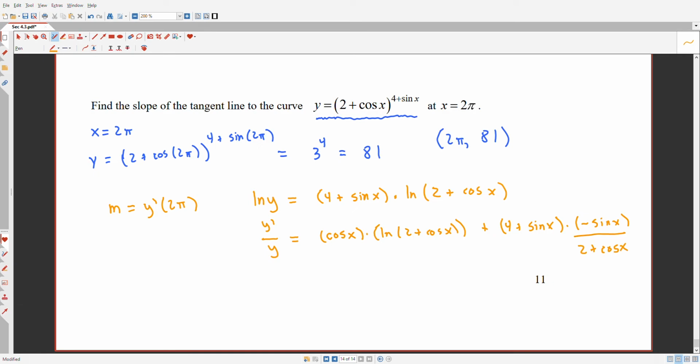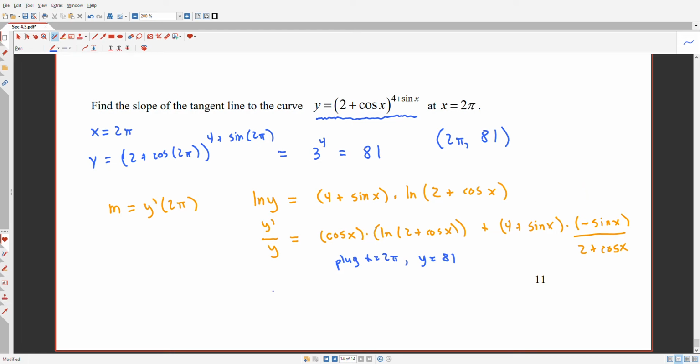In this question, though, because I'm going to plug in x equals 2 pi, I know that when x equals 2 pi, we already wrote down that y equals 81. So when I plug in x equals 2 pi, and I'll have to plug in y equals 81, I can get the slope at this point.